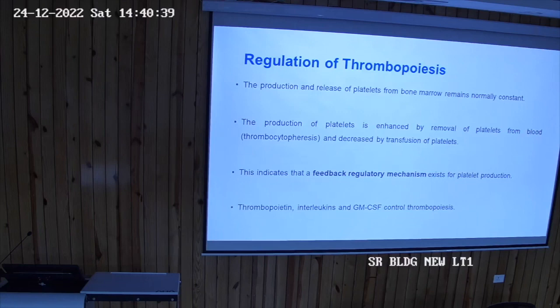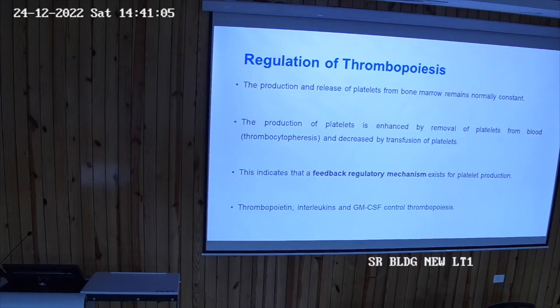What is the scenario in dengue? In dengue, the platelet count is getting affected. The clinician is asking for a platelet count. When the platelet count goes critically below 50,000, the platelets have to be transfused.